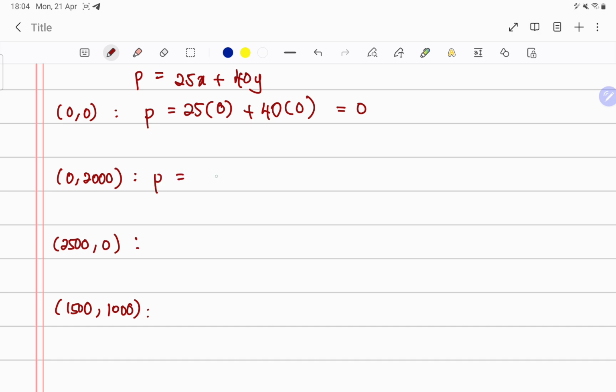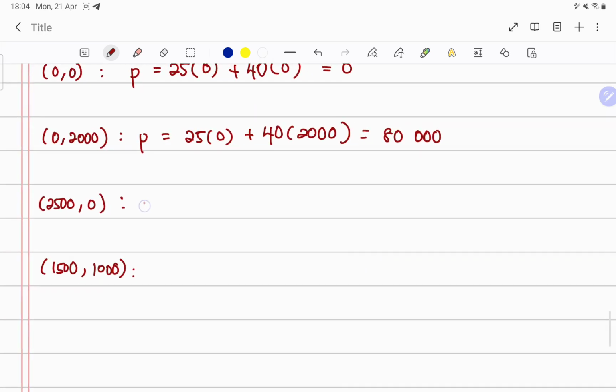Then calculate for this one also: 25x, you're going to get 0, plus 40 multiplied by 2000, which is 80,000 here. Then do the next one, P equal to 25 multiplied by 2500 plus 40 multiplied by 0.